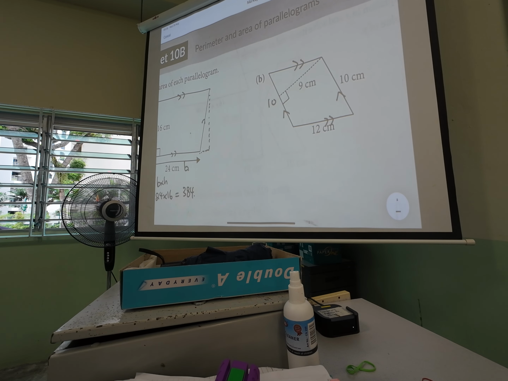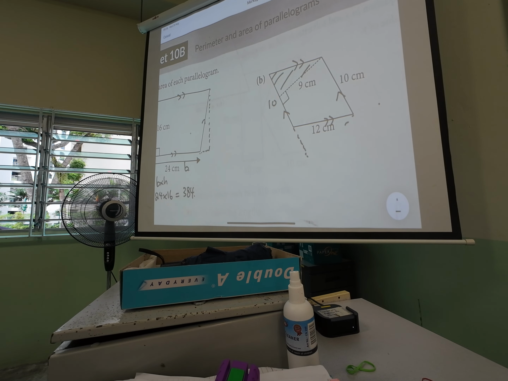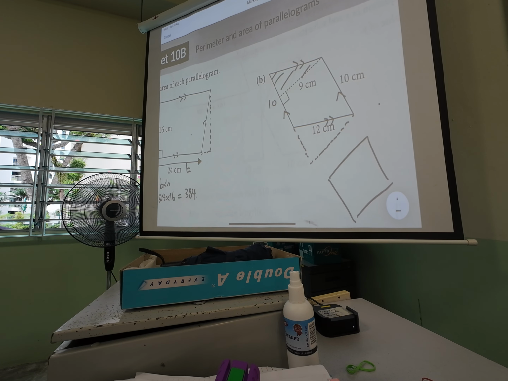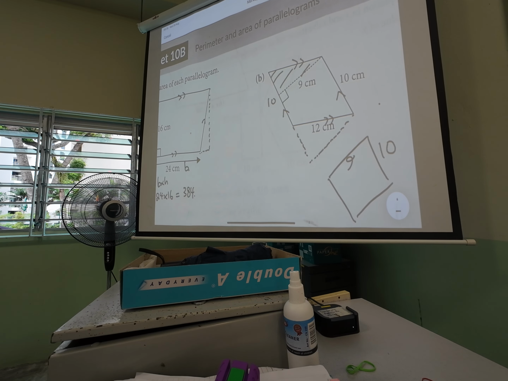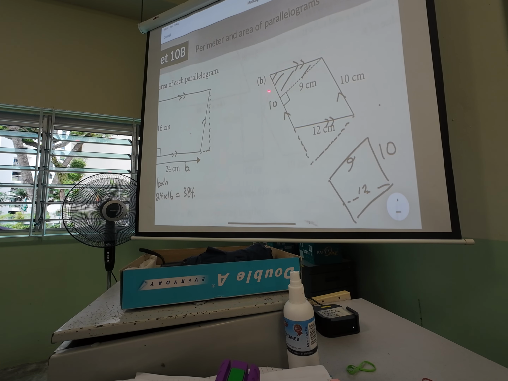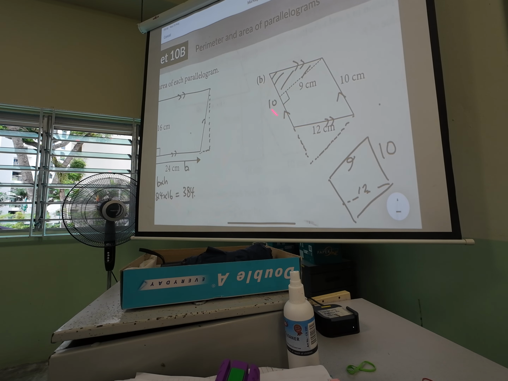But if I were to cut, it means that I will be cutting out this part and then it can be placed here. Then it will form this 10, 9. Okay? The 12 is here. Then my base and my height will be 10 and 9. Okay? They didn't draw it very nicely. I don't know whether it's on purpose.